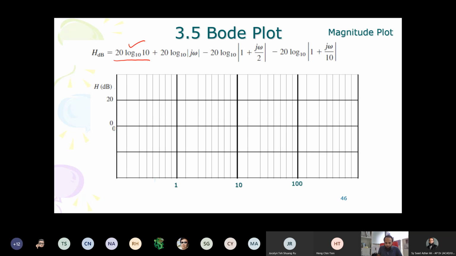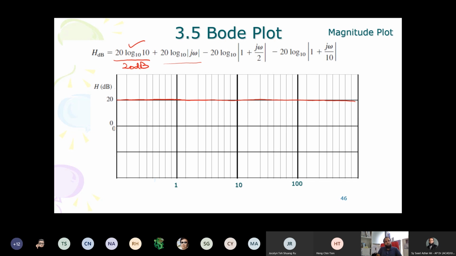So for this term, we'll get 20 dB for all frequencies. So this is basically the line, supposed to be dotted. All right, so this 20 is always there. Okay. Then we have a 0 at origin.